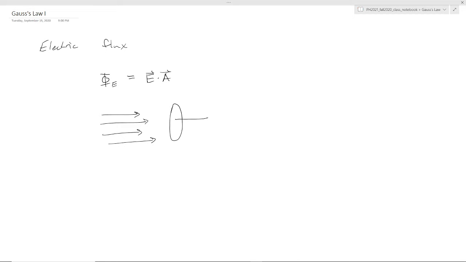So the area vector is perpendicular to the area. So if this is a disk of some area A, the area vector would be pointed like that. In this case, you can see the area vector and the electric field vector are basically pointed in the same direction. And so in this situation, E dot A would be basically EA.